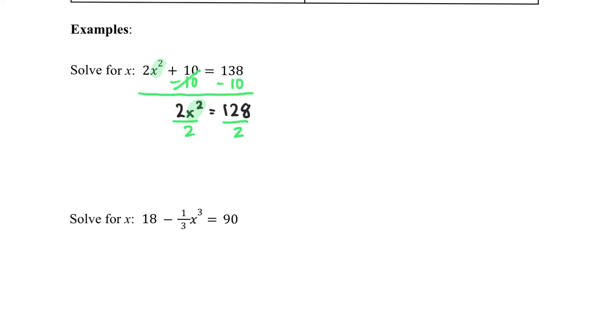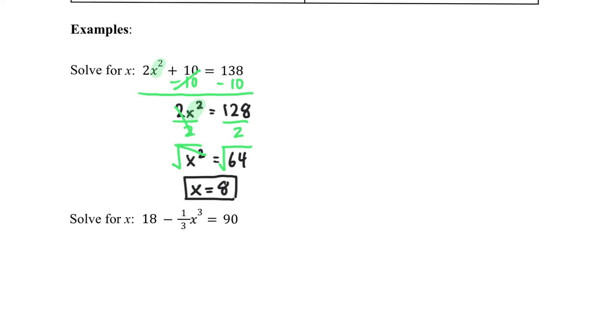And that leaves me with, these undo each other. And I'm left with x squared equals 64. And now, once you get here, now you take the square root of both sides. Square root and squared undo each other, and you're left with x equals 8, which is the square root of 64.